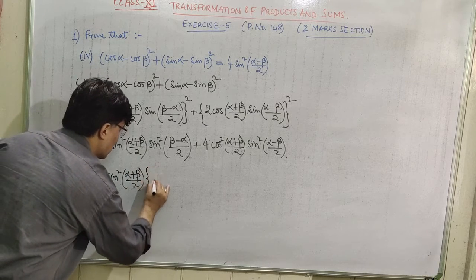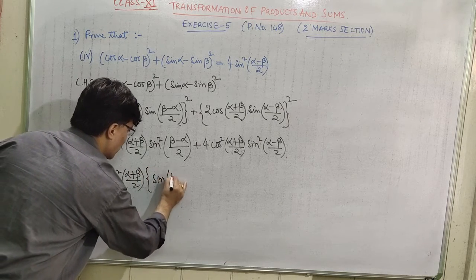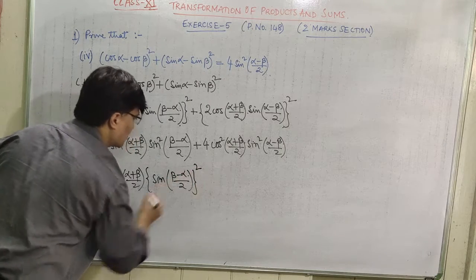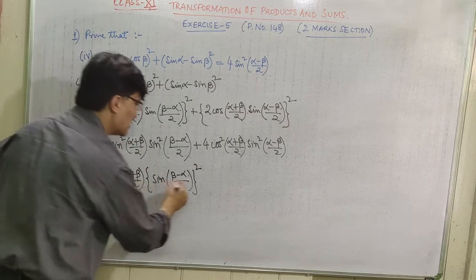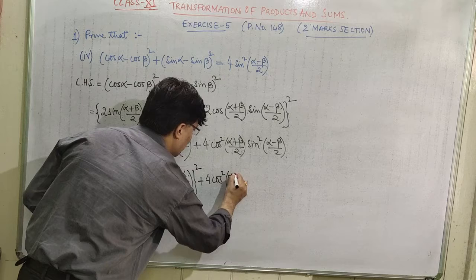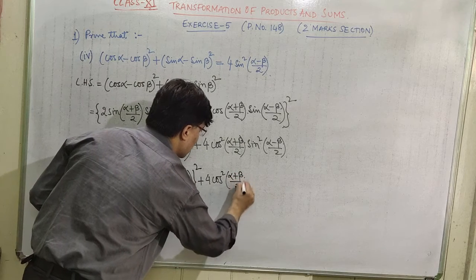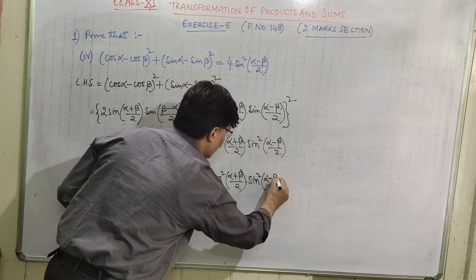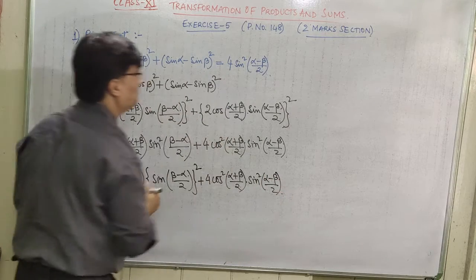Let us write it within whole square, that is sine of beta minus alpha by 2, second bracket close, whole square. And let us keep the second term as it is. That is 4 cos square alpha plus beta by 2 into sine square alpha minus beta by 2.